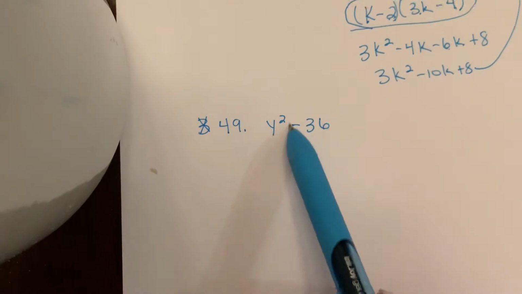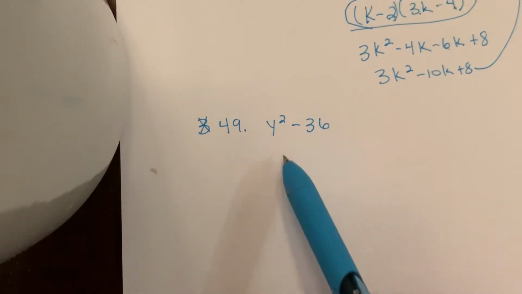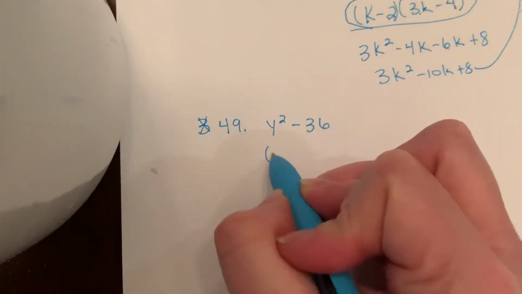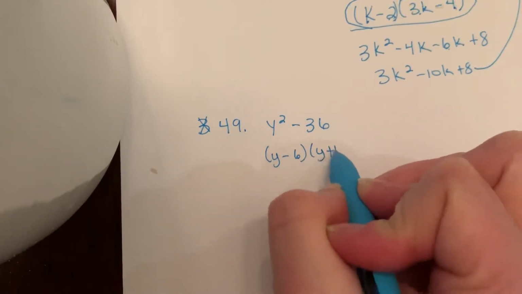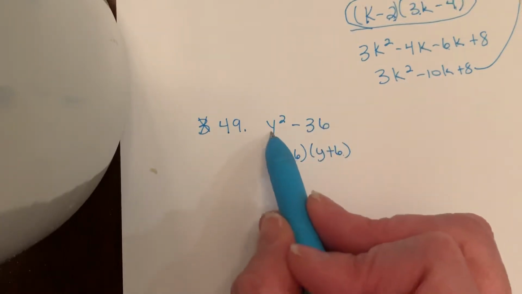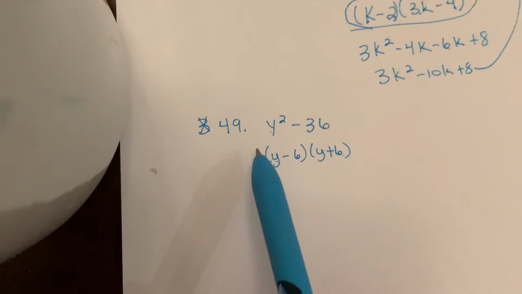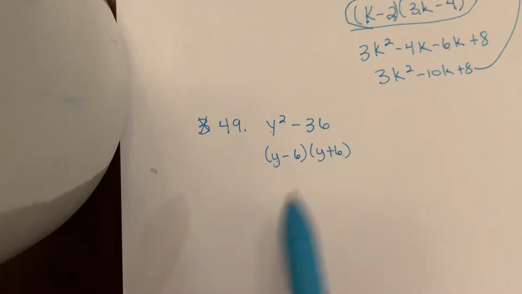We notice that our first term is squared and our second term is squared. It's a negative, so this is a difference of squares. If we follow that model, we know that we have y minus 6 times y plus 6, because 6 is the square root of that second term, y is the square root of the first term, and that is our answer. This is one of the simplest polynomials to factor, the difference of perfect squares.